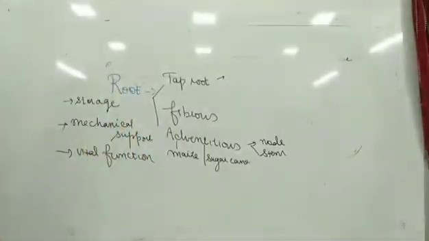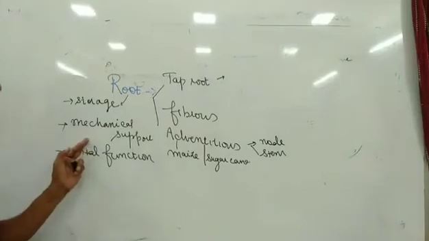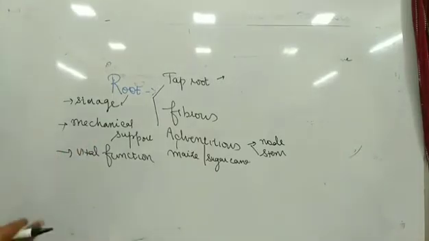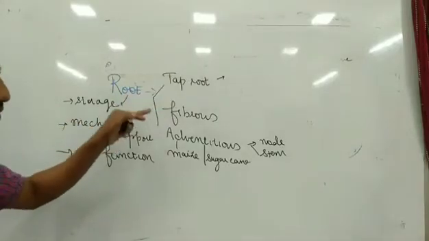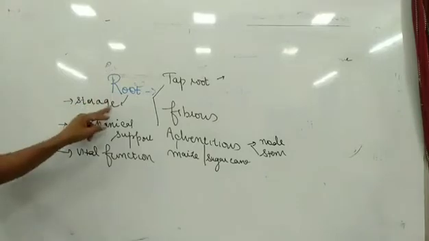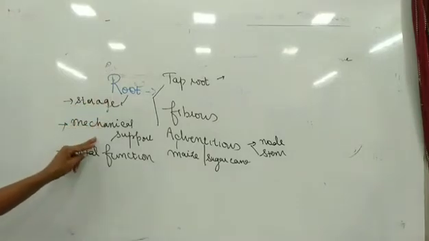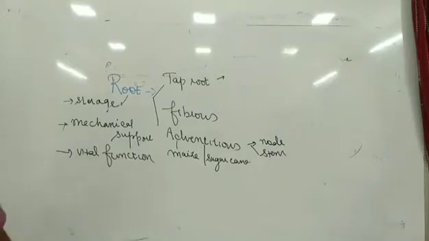So the root helps to store food material, helps with mechanical support, and plays a vital function in the plant. So tap root, fibrous root and adventitious root help in the form of storage, mechanical support and vital functions.